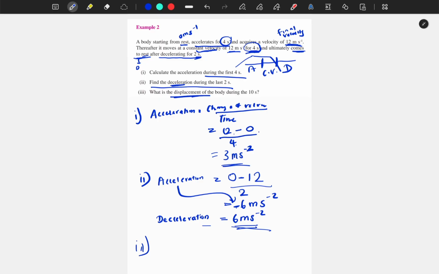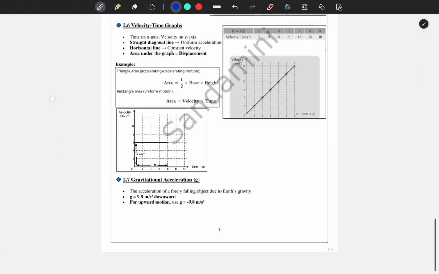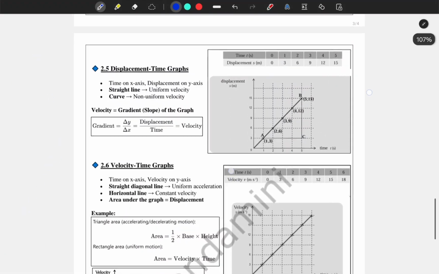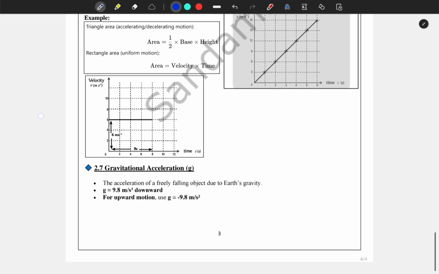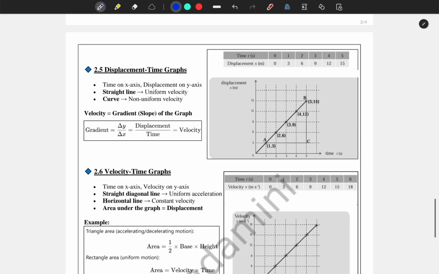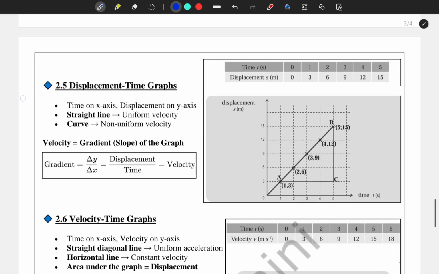That's the next part of this lesson. Okay, so let's move to that part. That is the last part, because we also have to talk about gravity. So if you go through the displacement and time graph, you can see.